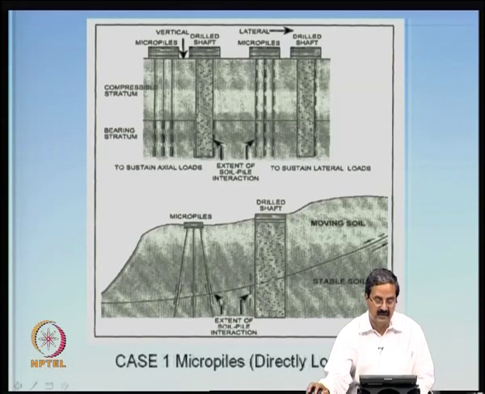You can see a line here where you have a force, and the same force is now replaced with these micro piles; the shaft resistance is there, and the same shaft resistance you are able to get from here. Case 1 is an example where the load is directly taken care of by the micro piles, the vertical load. Here it is the same thing, but shear is something different, that is case 2. So the vertical load is taken care of by this system.